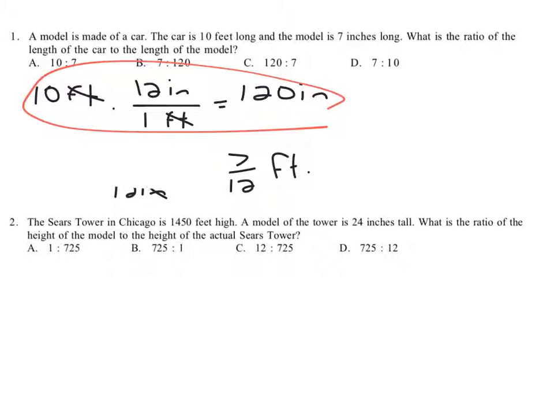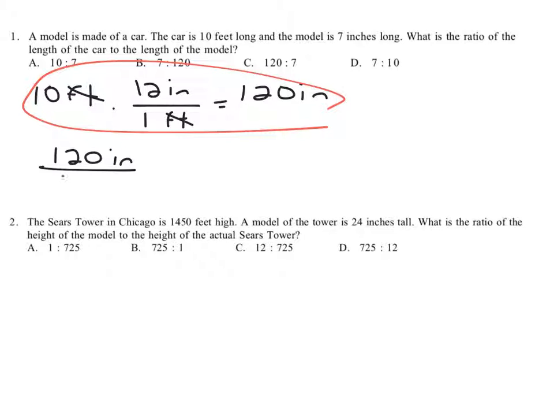Okay, so I'll erase the rest. And then we have inches and inches. The ratio of the length of the car. The length of the car is, now we did it into inches, and it's 120 inches over, what's the length of the model? 7 inches. And the trick about it being the same units then is you can cancel the units out.